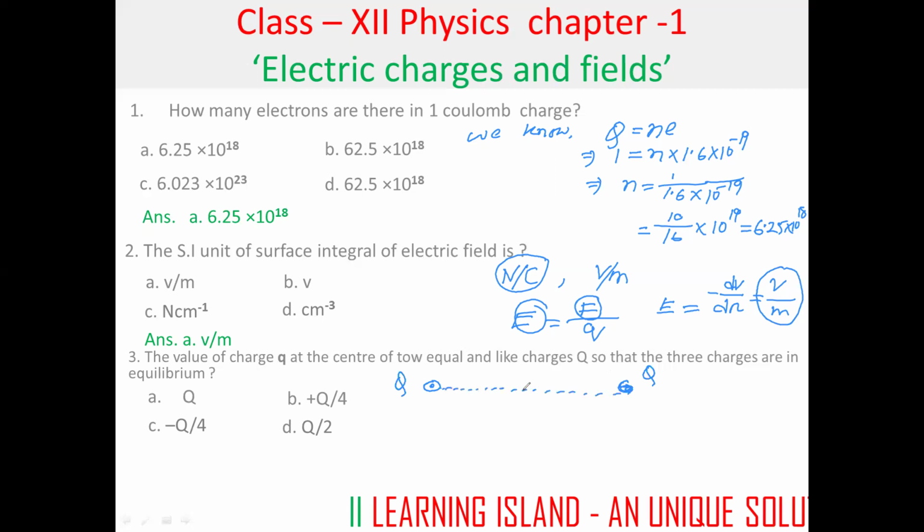If I put another charge small q here in the middle, let the distance be x from here to here. So this distance would also be x. Now the question is, what is the value of this q I should put in the middle so that the three charges are in equilibrium?